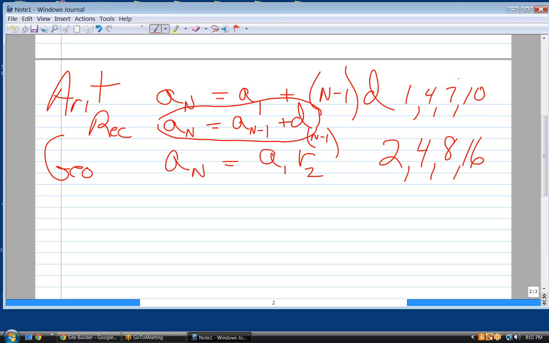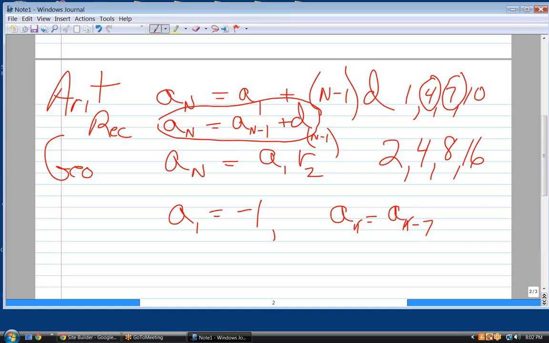In other words, the third term is equal to the second term plus the common difference, 3. And then the equation, I guess, is a1 equals -1, comma, a sub k plus 1 equals a sub k minus 7.